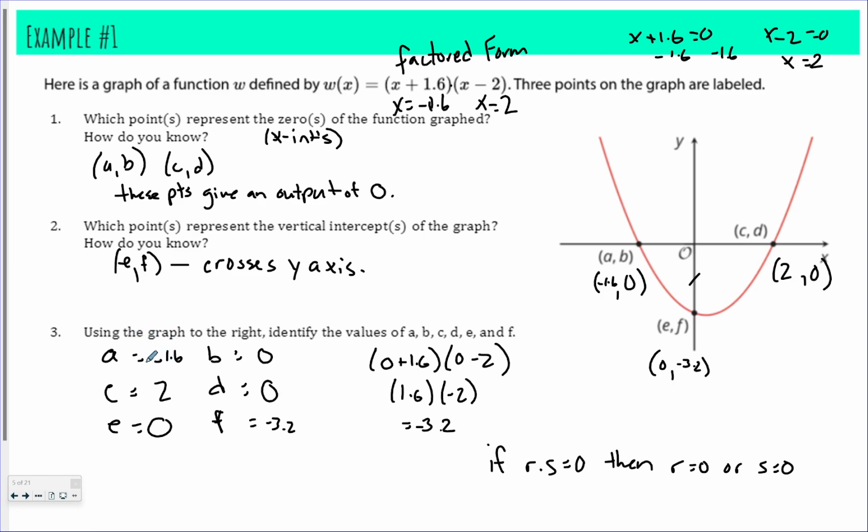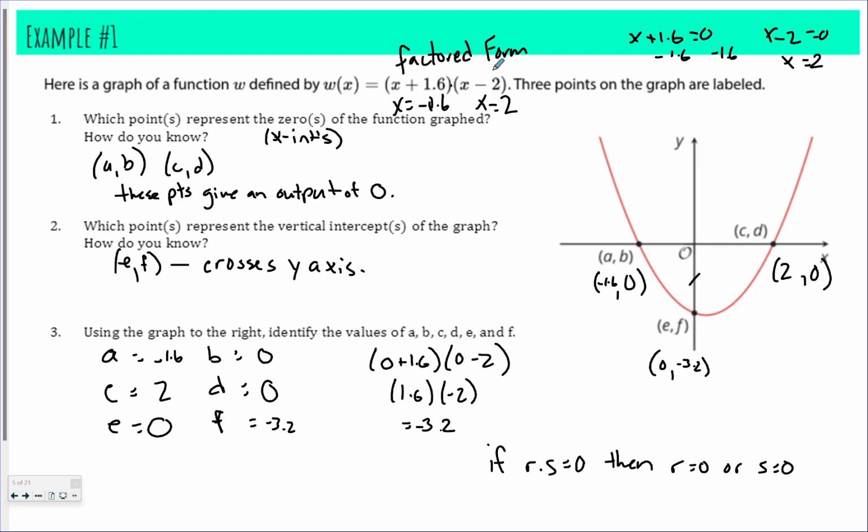So these two values of a and c, these are called the x-intercepts or the zeros. Both terms work. So keep in mind how I got these by taking the factored form and just changing its sign. That's really all that has to happen for that here.